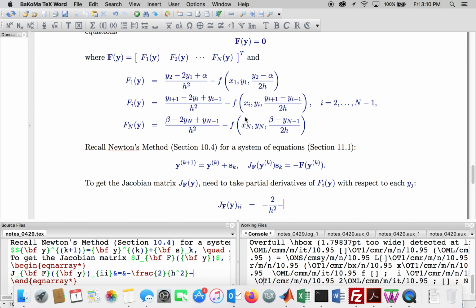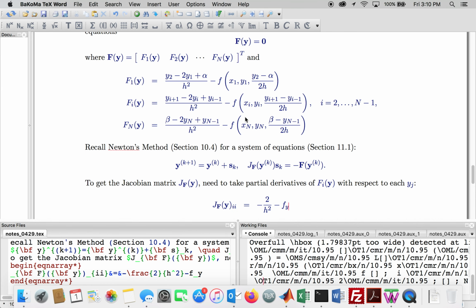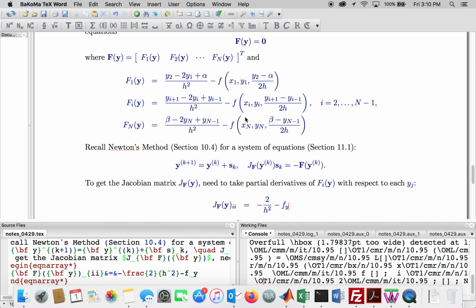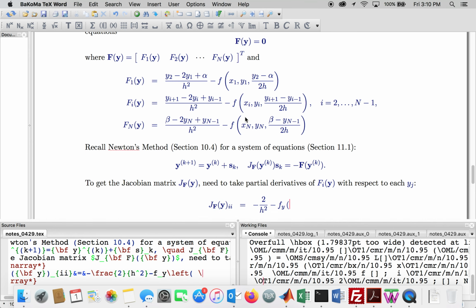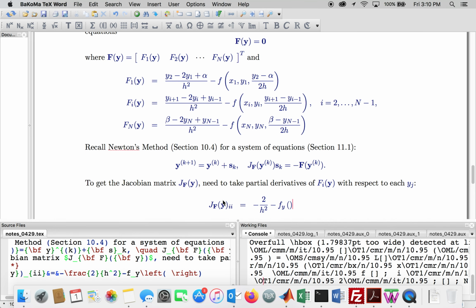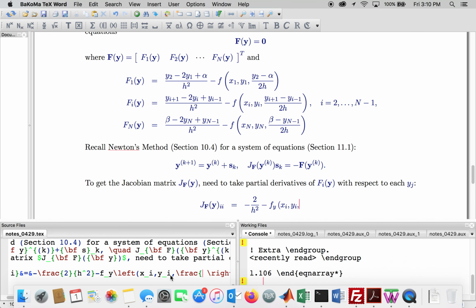So by the chain rule, I need a derivative of f with respect to y evaluated at these same points, xi, yi, and then the center difference for first derivative.